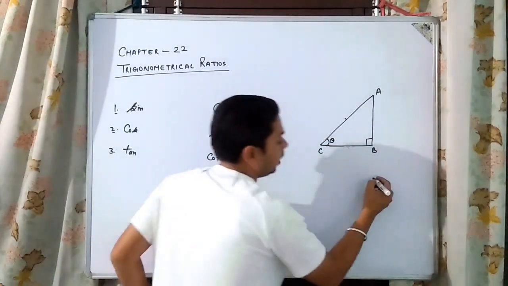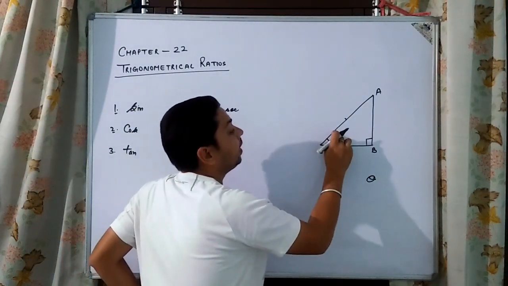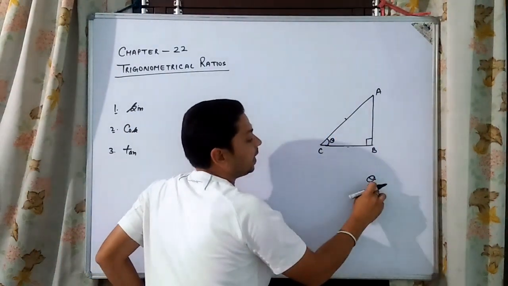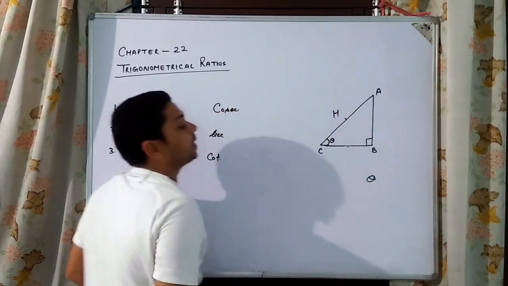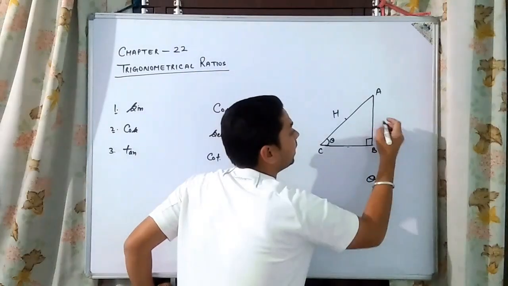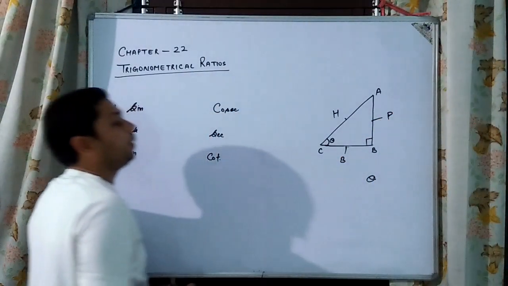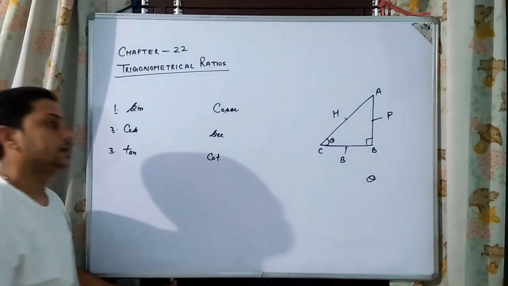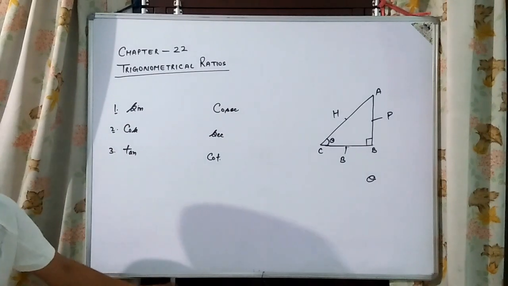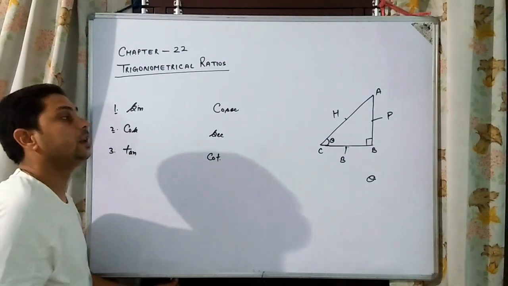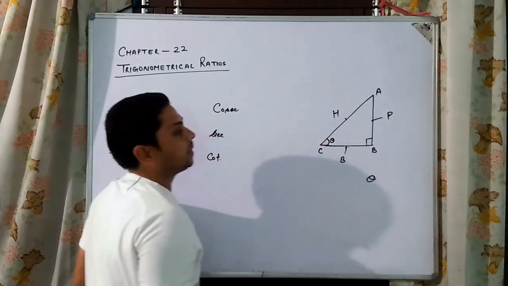This is the notation theta here, which is the angle theta that we take here. This angle theta is the base angle. Again we have this is the hypotenuse. If this is the base angle, then the side opposite to this will be the perpendicular, and this side will be taken as your base. So these trigonometrical ratios will explore the relationship between the sides of the right angle triangle and the base angle.